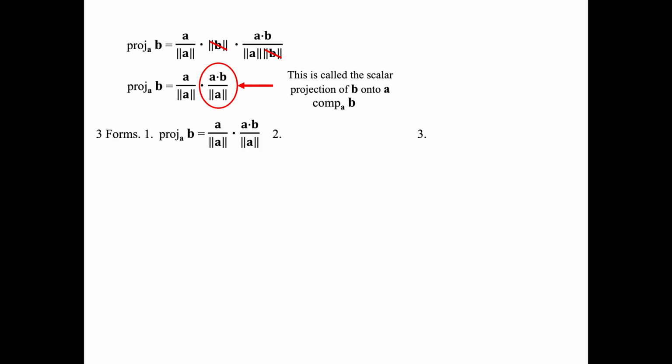There are three forms to write this formula. You can think of it just as it is. A lot of people like that one. You can think about, hey, we got the magnitude squared, so I'm going to move this denominator over to here and square it, which is fine. It's still the same thing.